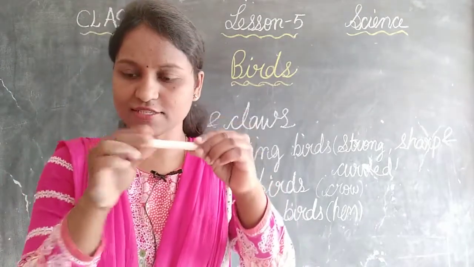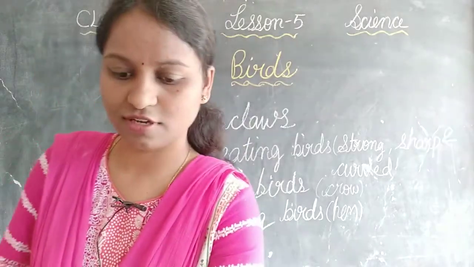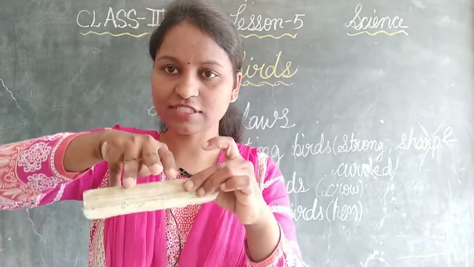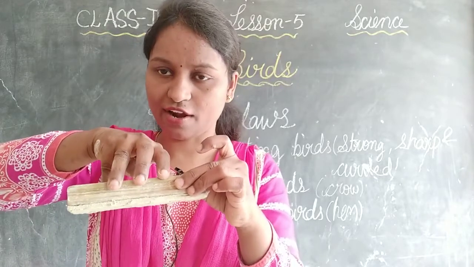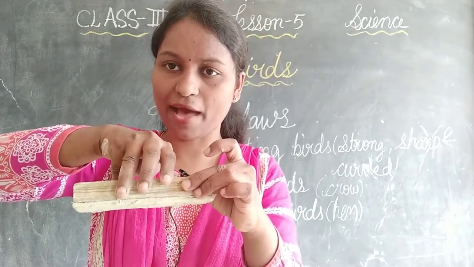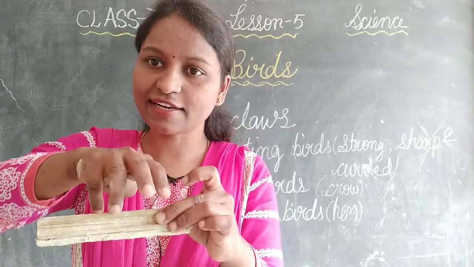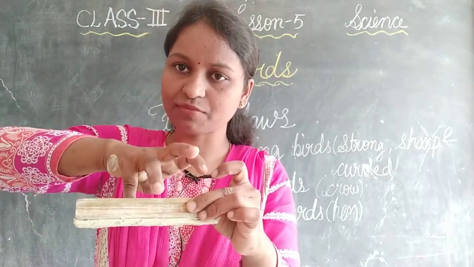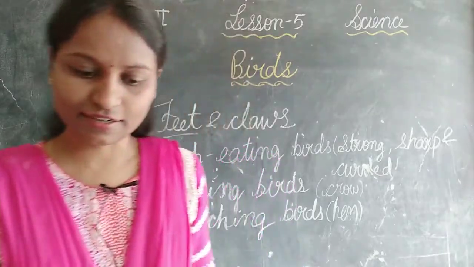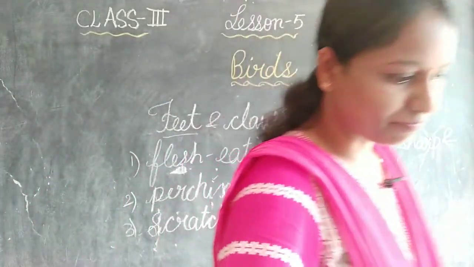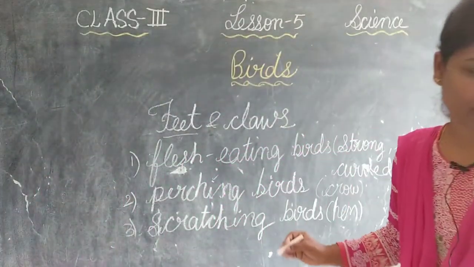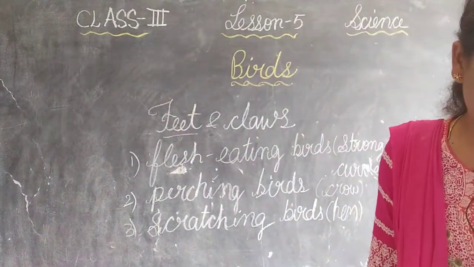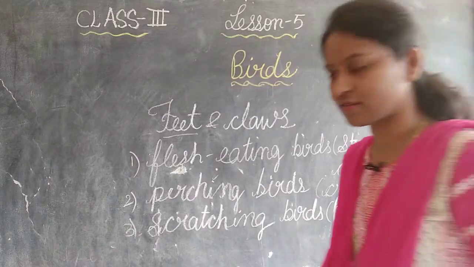Suppose these four claws are there, three toes at the front and one toe at the back, so that they can dig with the claws on the front side and one from the other side. They can dig like that. The example you can show is the hen. Next one is climbing birds.